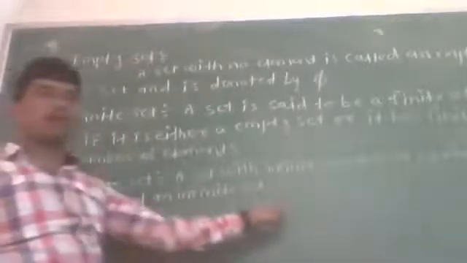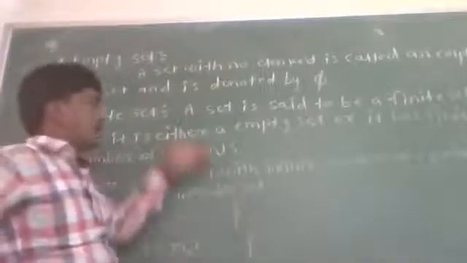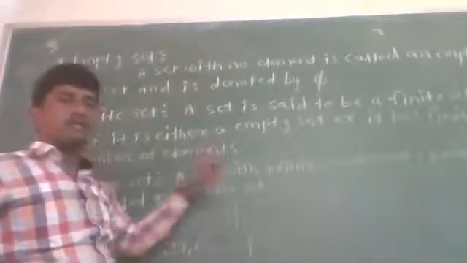For example, the set of natural numbers contains all the elements 1, 2, 3 and so on. So this one is an infinite set since it contains an infinite number of elements. Similarly, the set of integers is also an infinite set. The set of rationals, reals and complex numbers are all infinite sets.